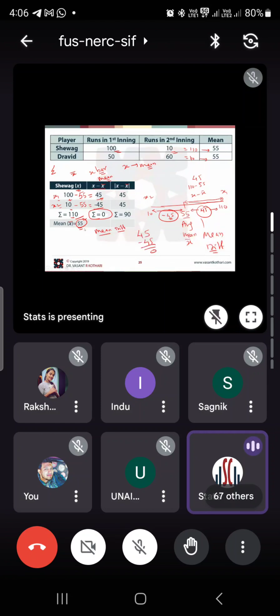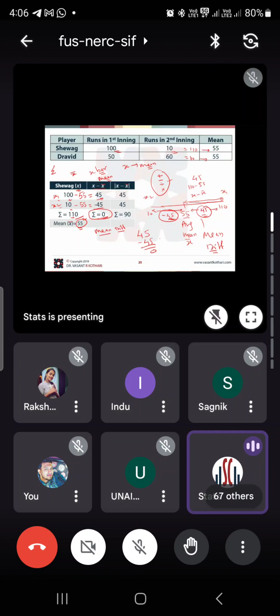Now the moment I get the 0 here after total, in statistic or in mathematics, you can't do addition, subtraction, division, multiplication with the help of 0. No statistical function you can perform. So we need to get rid of this 0. Now here you understand minus 45 and plus 45. The total is 0.